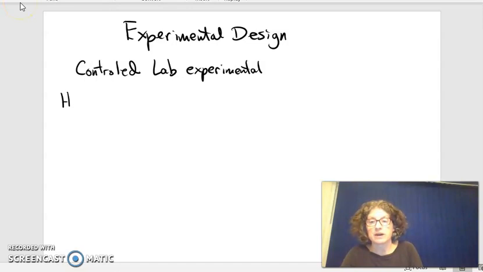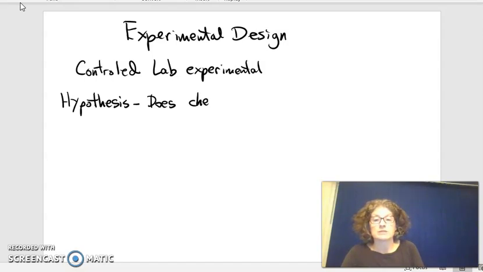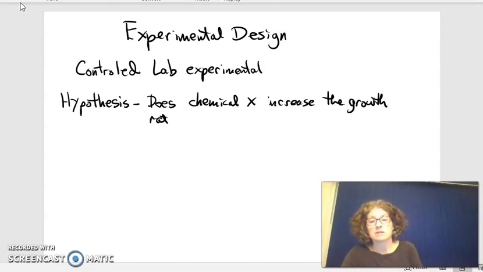You're starting with a hypothesis. All labs start with that. And your hypothesis is, we'll call it chemical X, does chemical X increase the growth rate of grass?